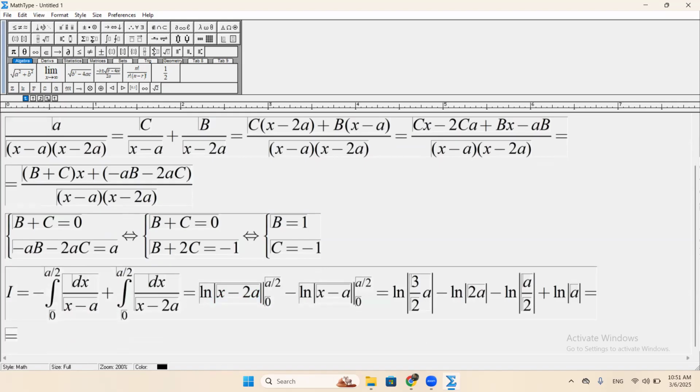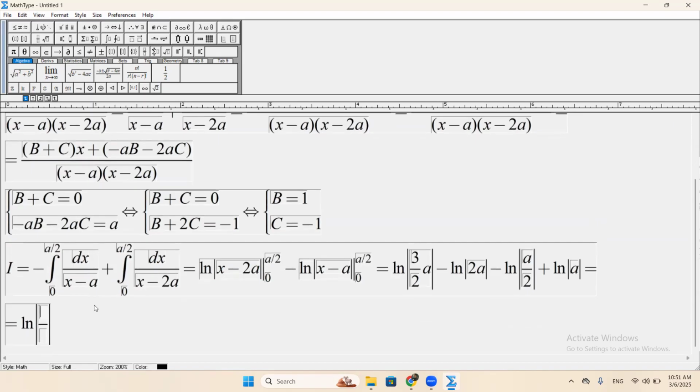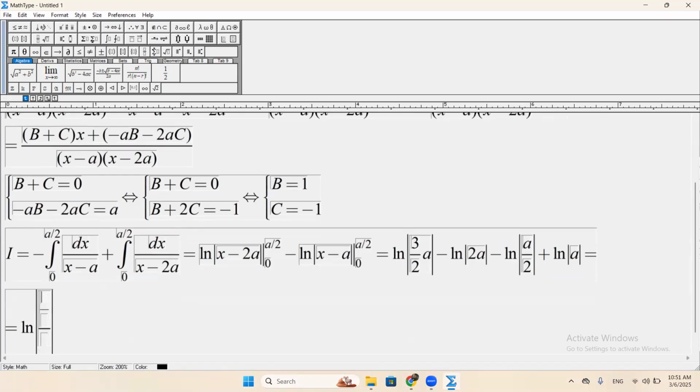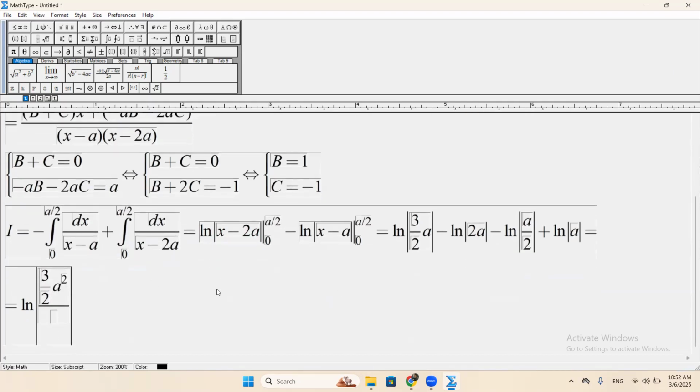Now let's simplify it a little bit. Using properties of logarithm difference and sum, we have the following fraction: 3 over 2a squared, divided by 2 over 1 multiplied by 1 over 2a squared.